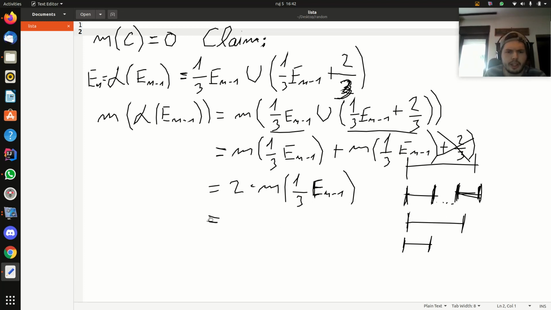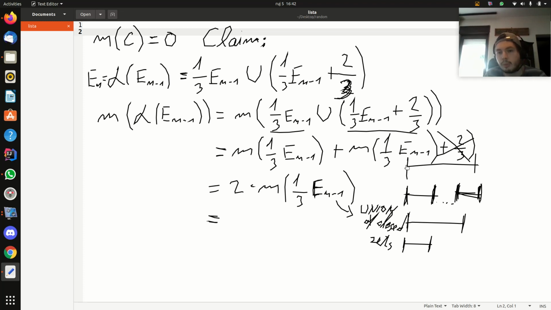This, in fact, works for all Lebesgue measurable sets, but it obviously works for unions. So E_n is a union of closed sets.